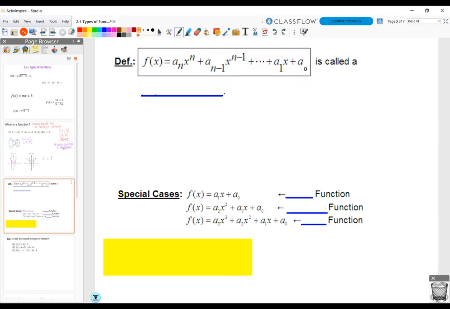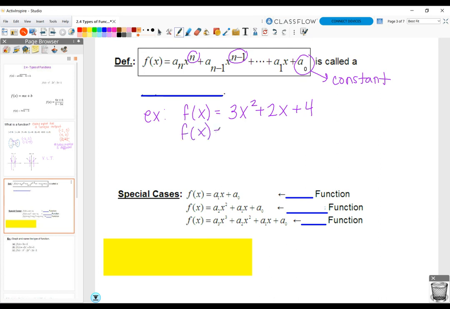So let's now talk about specific types of functions. My first definition is what I see here. If we notice, my n values, my exponents, are going down by 1 every single time until we get to a sub 0, which is the constant. Some examples, before I give you the definition, might look like 3x squared plus 2x plus 4. Notice my exponents are going down every single time.